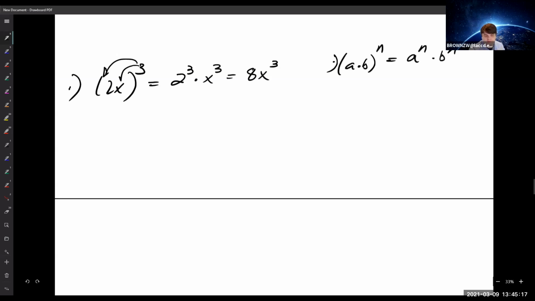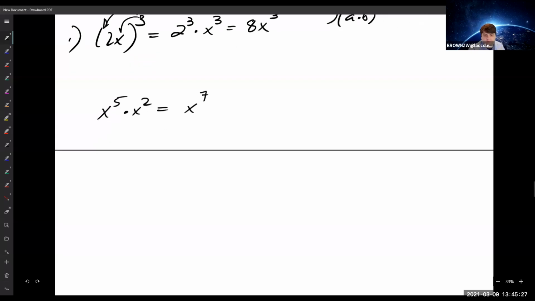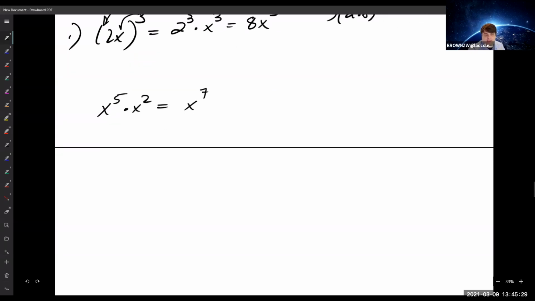All right, so let's look at division. So like we said, if we have something like x to the 5th times x squared, we add the powers together to give us x to the 7th. What we now want to look at is what happens if we have something like x to the 5th divided by x squared. So once again, if we write this out in long form, that's x times x times x times x times x.